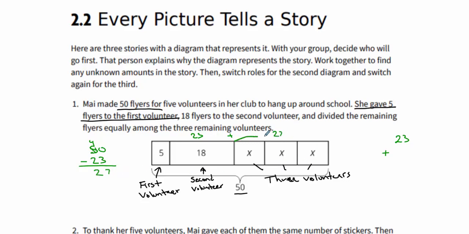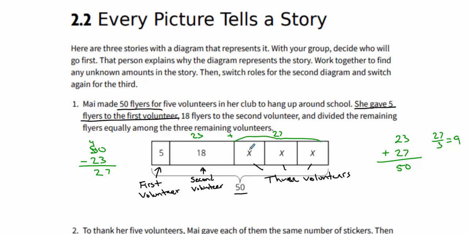So whatever amount they each have, their total is 27. If they each have the same amount, we could take that 27 and divide it by 3. So 27 divided by 3 is equal to 9.